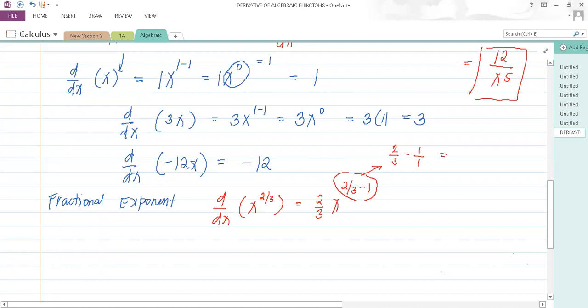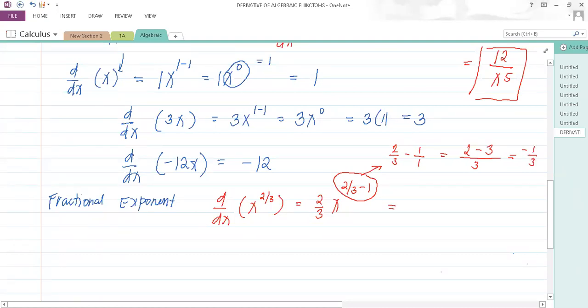Kunin muna natin yung LCD. LCD ng 3 and 1, that is 3. So 3 divided by 3, that is 1 times 2, that is 2, minus 3 divided by 1, that is 3 times 1, that is 3. So ang sagot natin dito is negative 1/3.